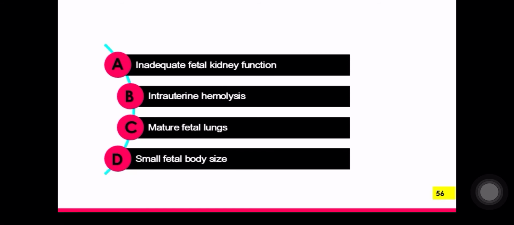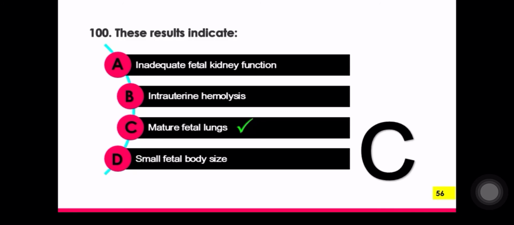The answer is letter C, mature fetal lungs. The significance of the lecithin-sphingomyelin ratio as a determining factor in fetal lung maturity is well established. An LS ratio of greater than 2 to 2.5 is indicative of fetal lung maturity in most assays.